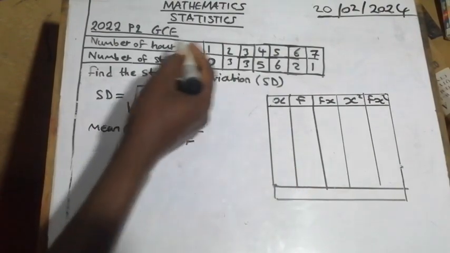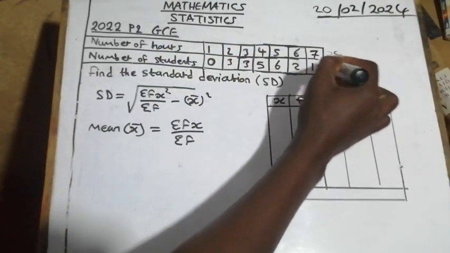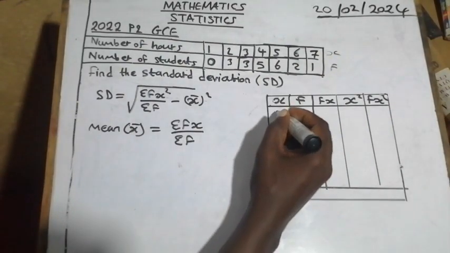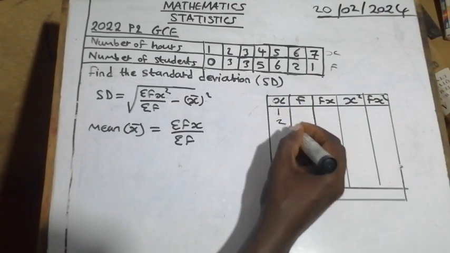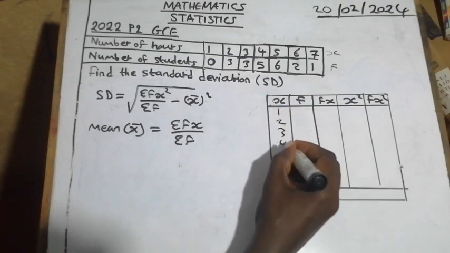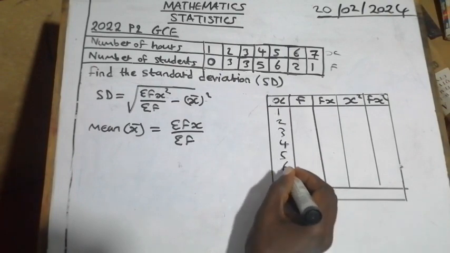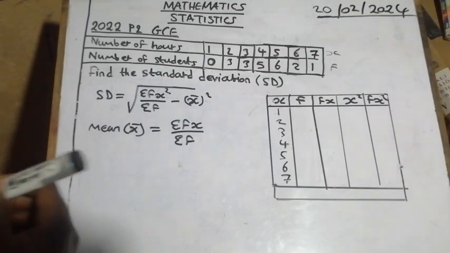Now the first row represents x values, then the second row represents frequency. So we are going to write numbers from 1 up to 7: 1, 2, 3, 4, 5, 6, 7. These are the numbers given.